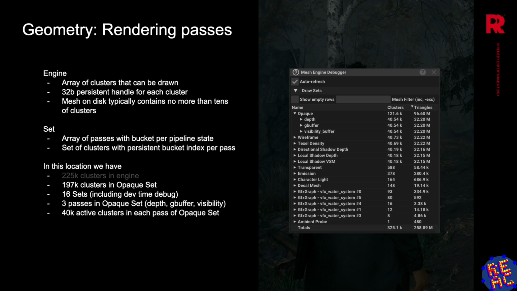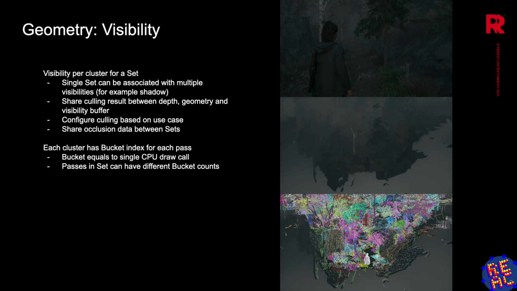Before we dive deeper into the implementation, let's add in the container that we use for storing visibility. Since the set is just a collection of geometry, we sometimes want to resolve visibility for the same set of geometry from multiple viewports. Rendering into a shadow map is a good example of this. The visibility is a separate container that is always associated with one set of clusters.